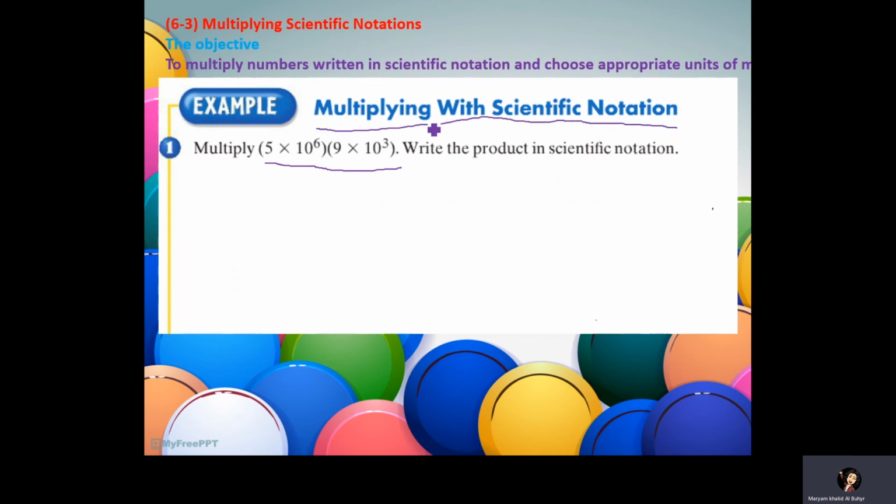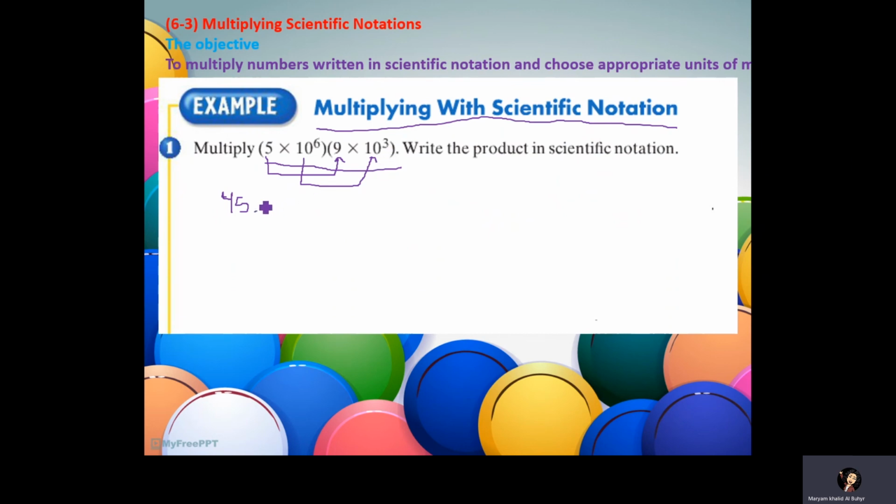If I want to multiply scientific notation, again, I will use the same idea that I did with you in the previous part. 5 times 9 equals what? 5 times 9 is 45, isn't it? Then you will take 10 to the power 6 and 10 to the power 3.